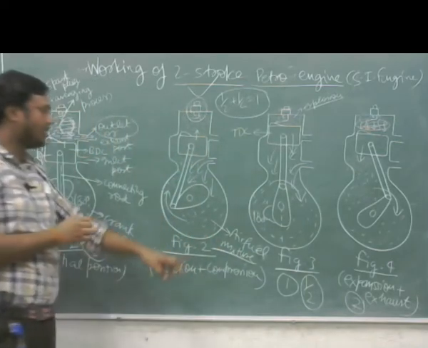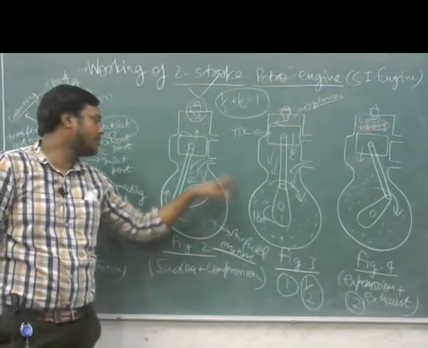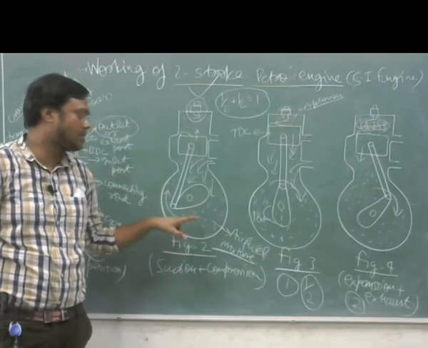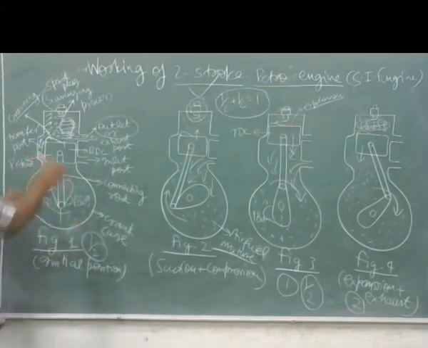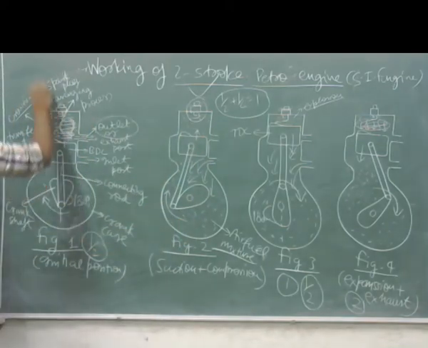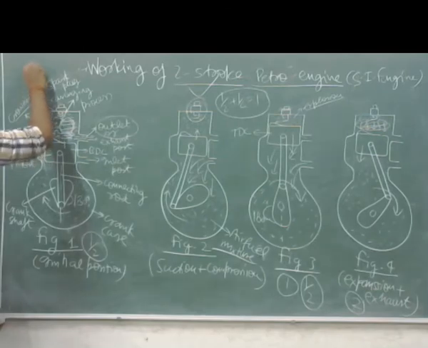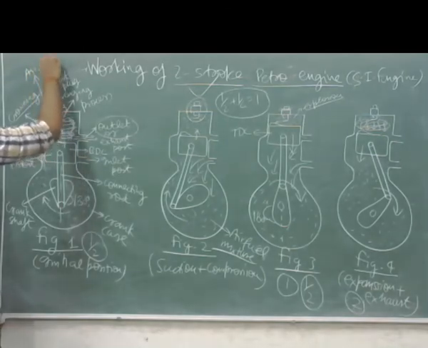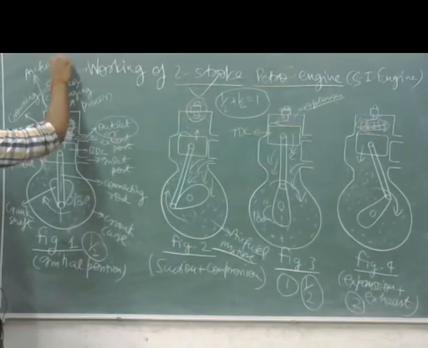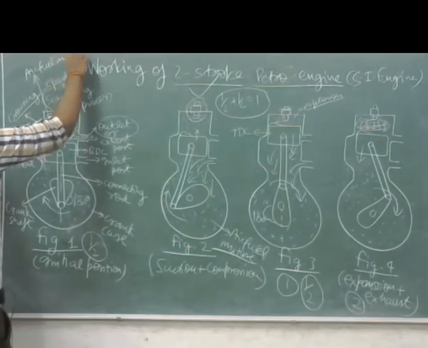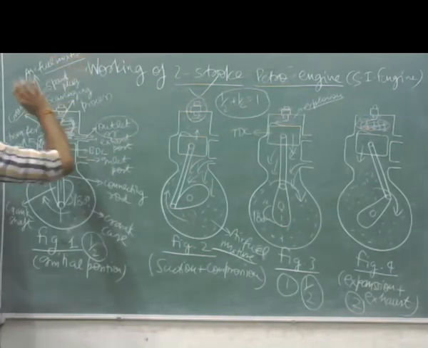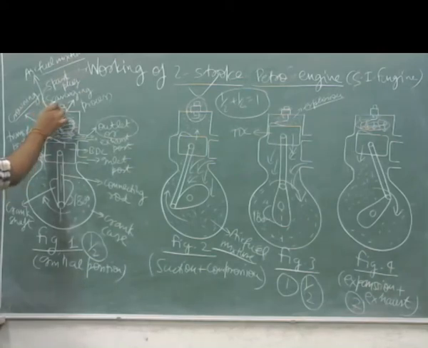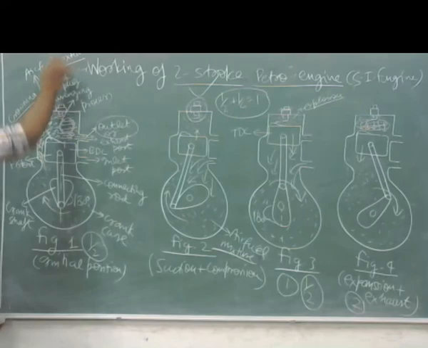So in the suction process, the air fuel mixture comes inside the crankcase below the piston. And above the piston also there is air fuel mixture, in the place of fresh air. Only two differences: first, replace the fuel injector by a spark plug, and second, in the place of fresh air, put the air fuel mixture.